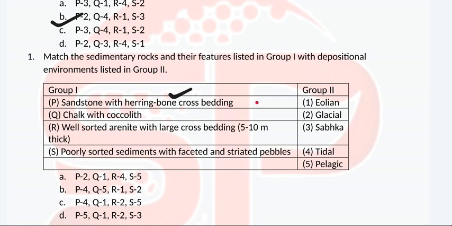So sandstone with herringbone will be 4, P4. Then chalk with coccoliths will be pelagic, Q5. Then well-sorted arenite with large cross bedding will be Aeolian, and poorly sorted sediment with faceted pebbles will be glacial. So P4 Q5 R1 S2. So the answer will be B.